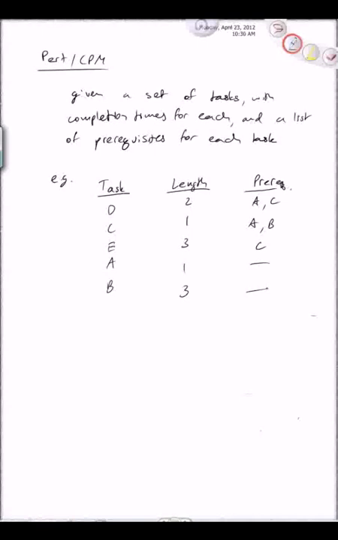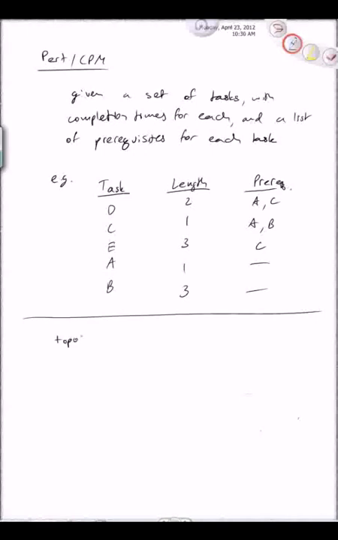So we've already kind of seen this once before where we had a list of tasks and a list of prerequisites. And we discussed it basically when we were looking at topological sort. With a topological sort, we can get a listing of the tasks in an order which allows us to complete them.